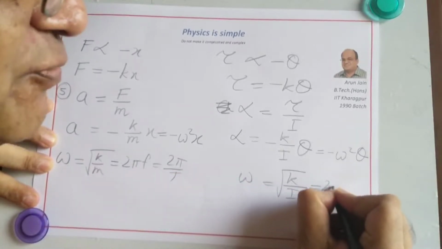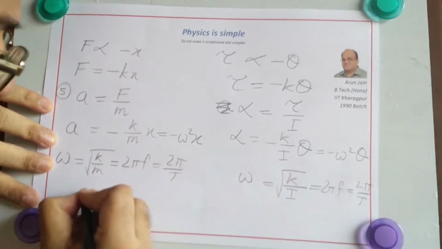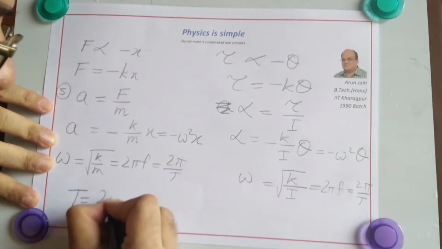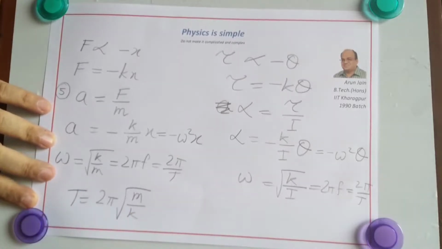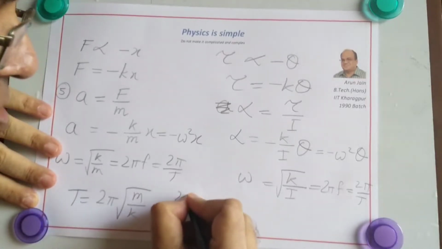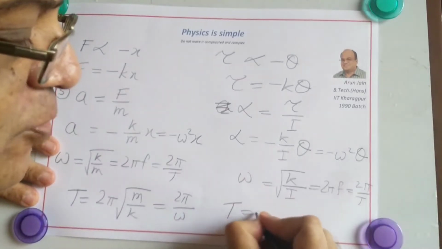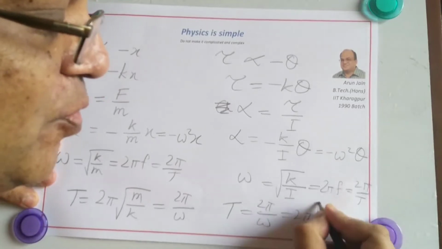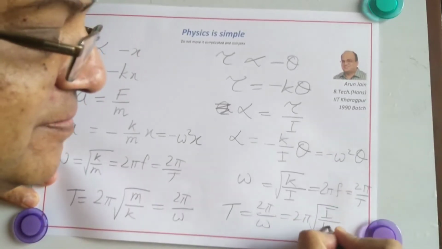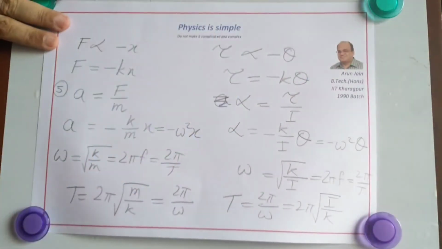So time period here will be 2 pi root over m by k. That is 2 pi by omega. Here also time period will be 2 pi by omega, and that will give us 2 pi root over I by k. So this is the restoring force or torque method.